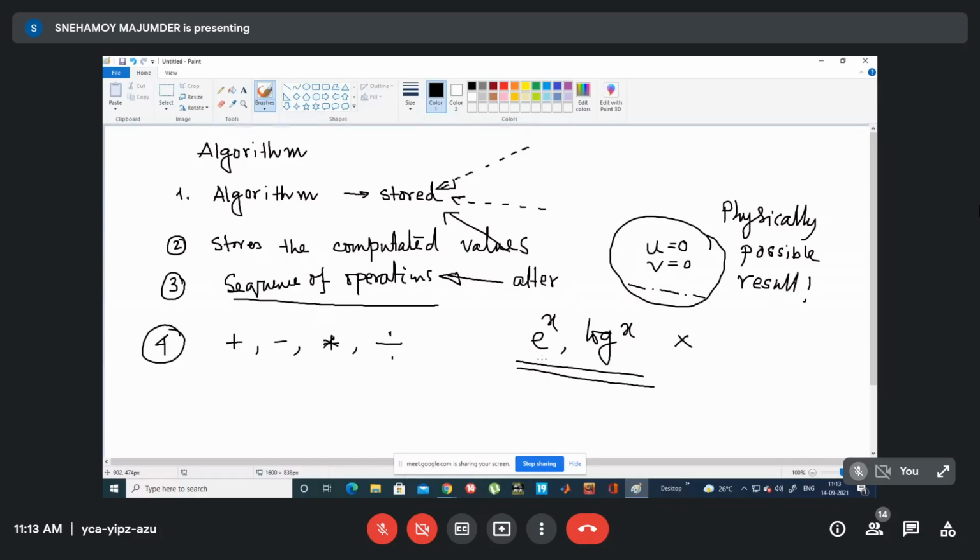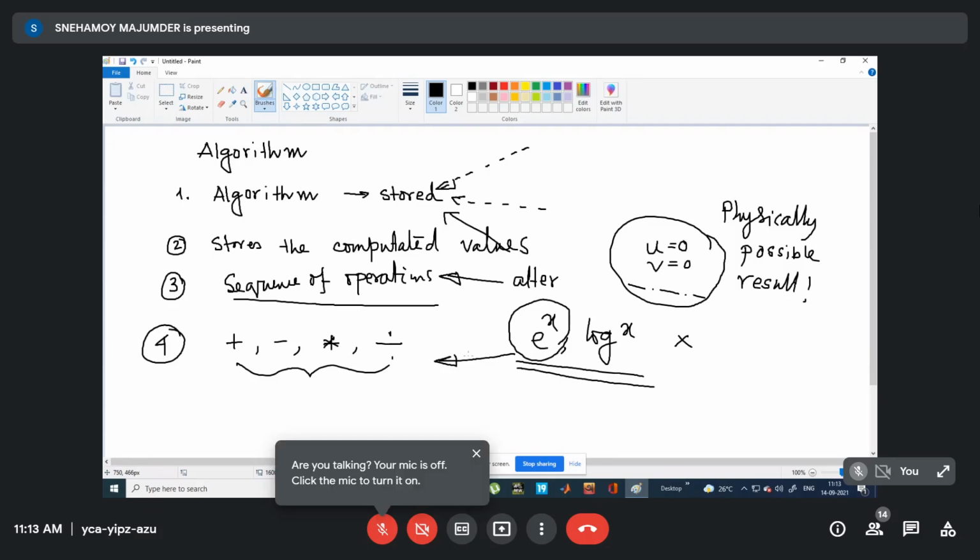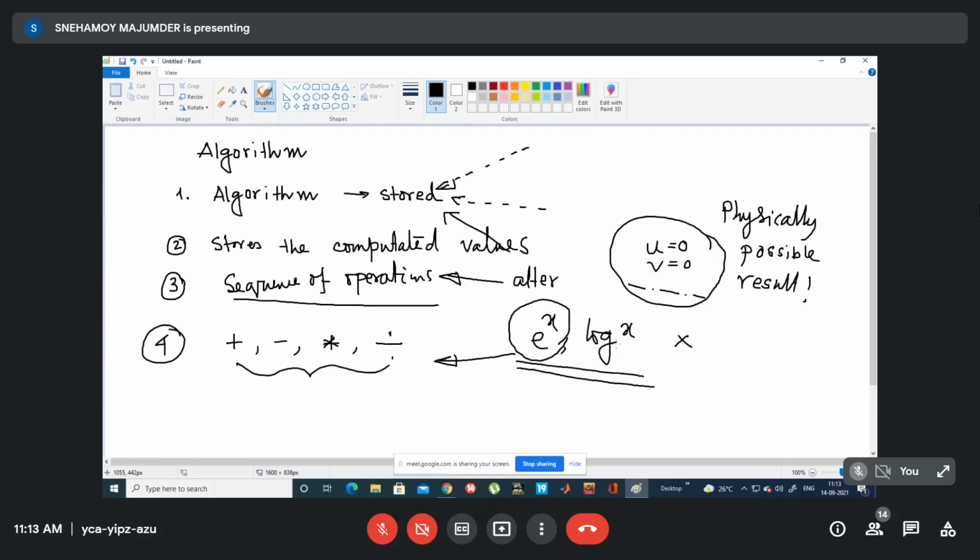So they are basically transferred into these. Maybe e to the power x is broken into a series and just computed and added. Similarly log x, sin x, cos x, etc. So, while doing a numerical analysis, you should always try to transfer the special mathematical operation into plus, minus, multiplication, or division.